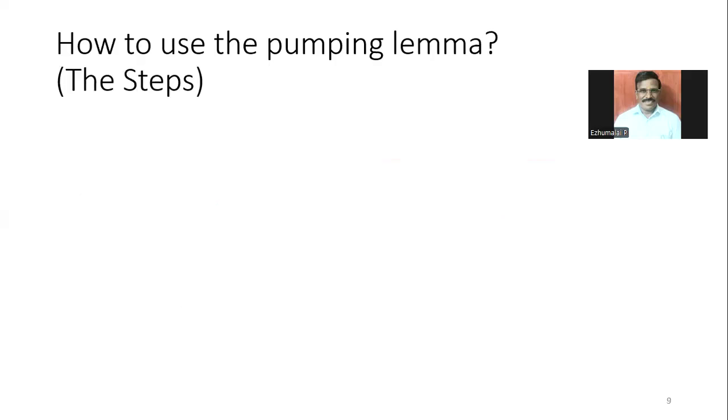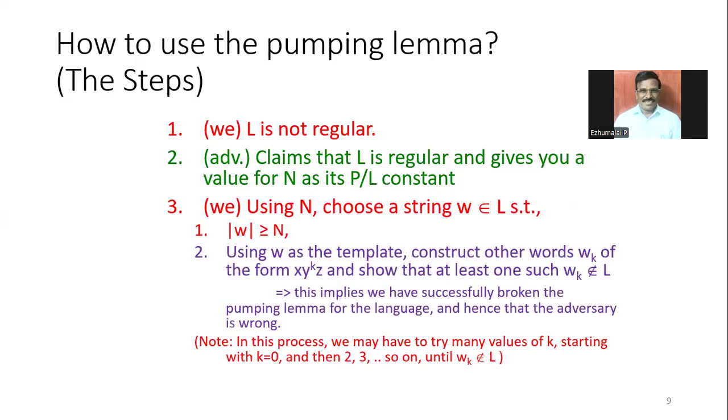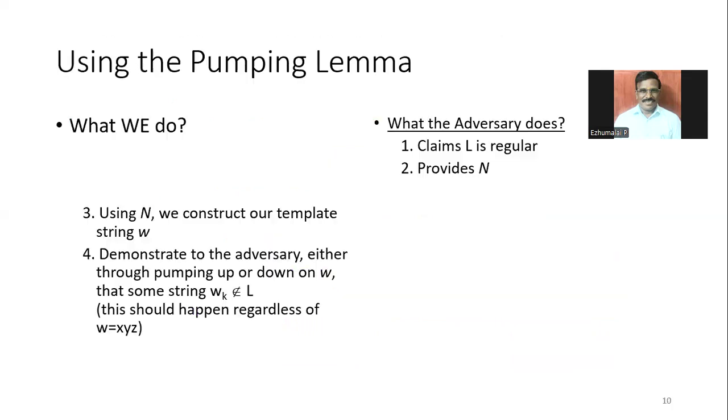How to use the pumping lemma, the steps: L is not regular. Next, the adversary claims that L is a regular language and gives a value of n, the pumping lemma constant, the number of states. Choose a string w belonging to the language with |w| greater than or equal to n. Using w as a template, construct other words wk of the form x y^k z and show that at least one such wk does not belong to L. If so, the language is not regular.